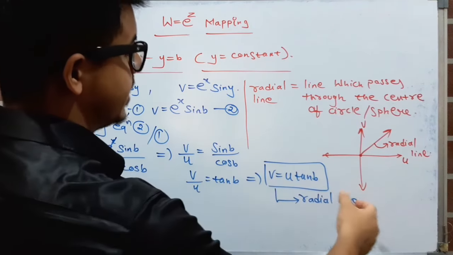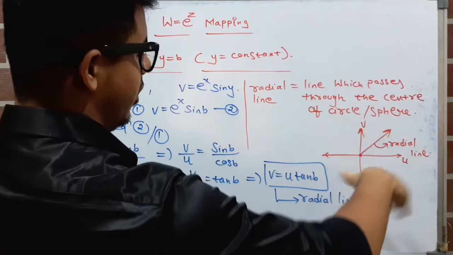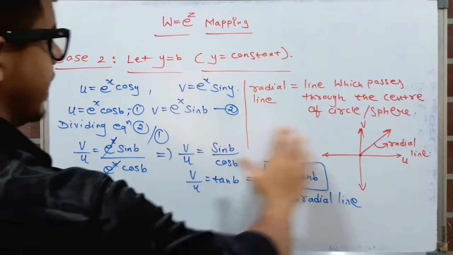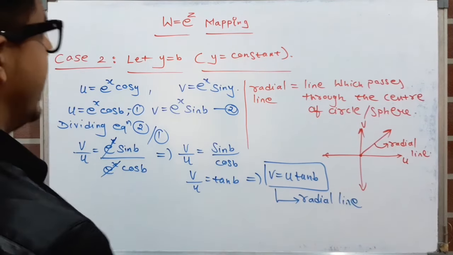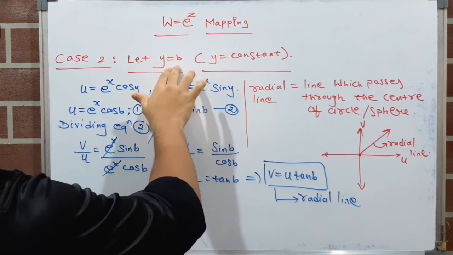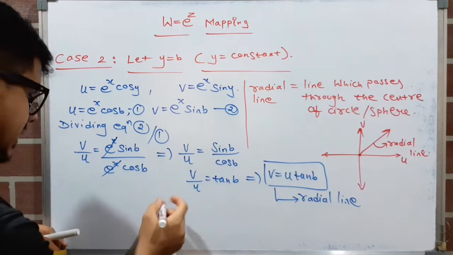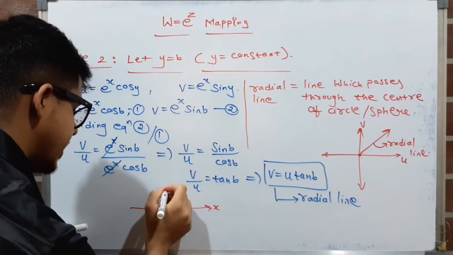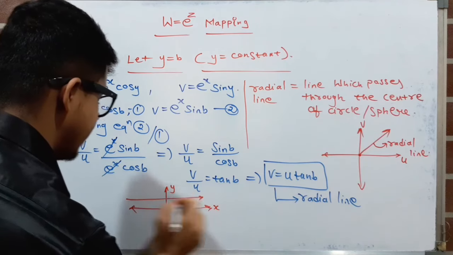When we solve the sums related to this constant y term, you will understand the radial line more clearly. For the time being, remember that v equal to u into tan b is the equation of the radial line when y is constant, that is, y equal to b. So this line looks like this: this is x and this is y, and y equal to b is this line.